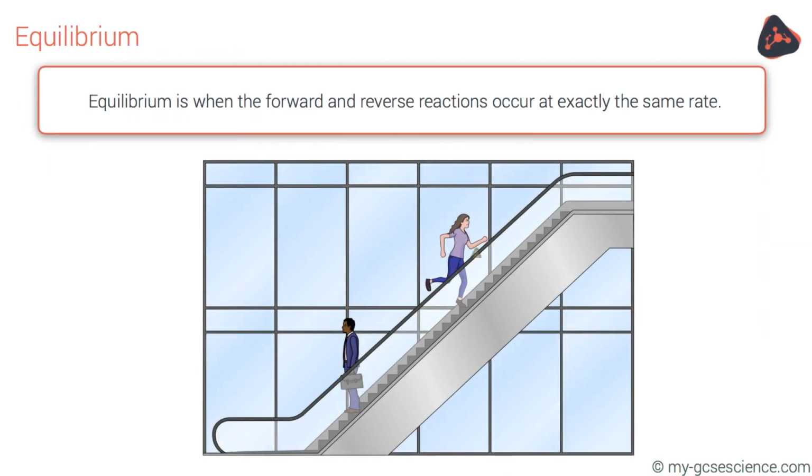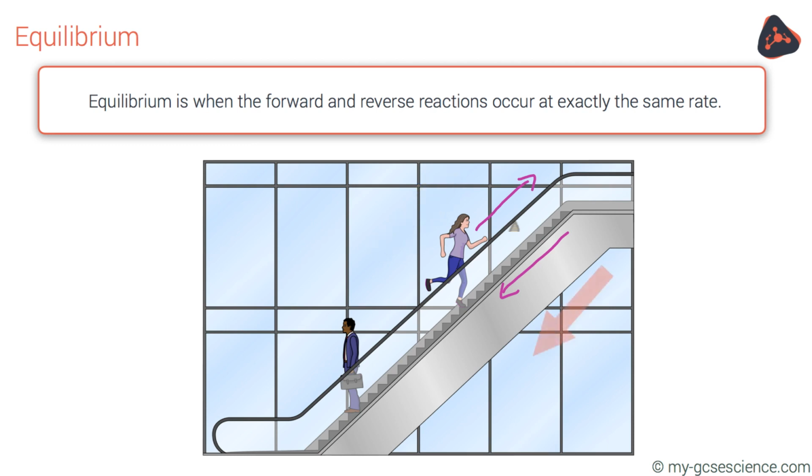If this is hard for you to imagine, I wonder whether you've ever tried running up a down escalator. In this picture, the girl represents the forward reaction and the down escalator represents the backward reaction. If the girl is moving up faster than the escalator is moving down, then she'll proceed forwards towards the top of the escalator.